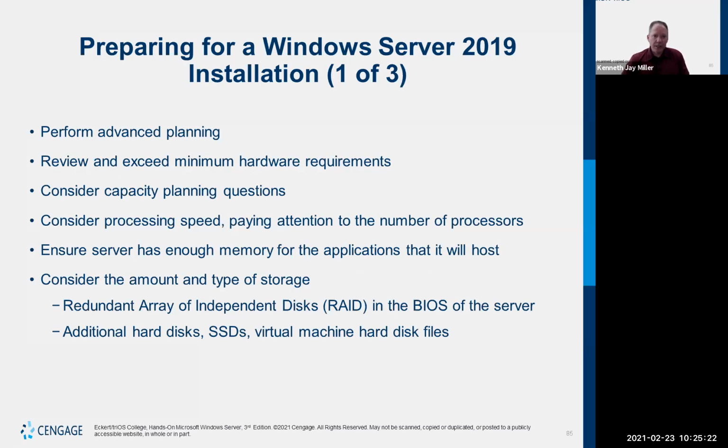When you're installing a server, you want to have a plan, right? Make sure you aren't using the server beyond what it's designed to do, and that it has the proper hardware to do what you want it to do.